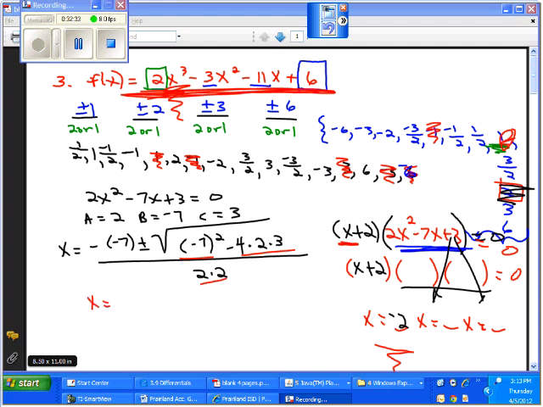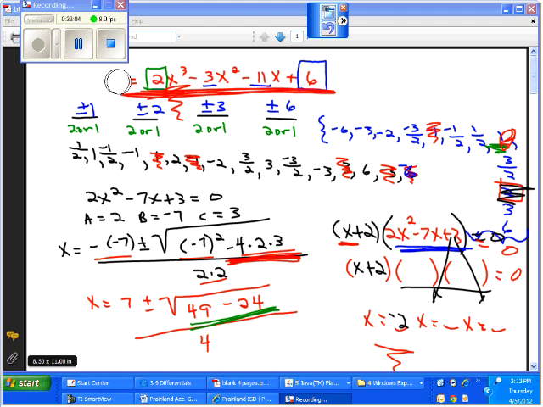And so I'm going to have x is equal to the opposite, which is a positive 7, plus or minus the square root of negative 7 quantity squared is 49. 4 times 2 is 8 times 3 is 24. When you multiply with an odd number of negatives, the answer is negative. All over 2 times 2 is 4. I can now do 49 minus 24, and I would get a 25.